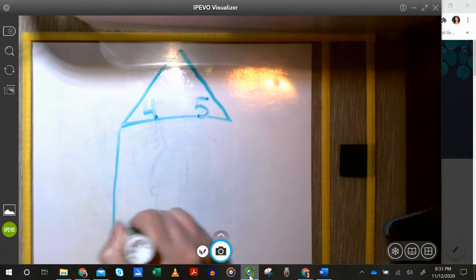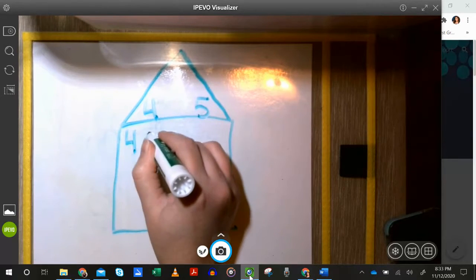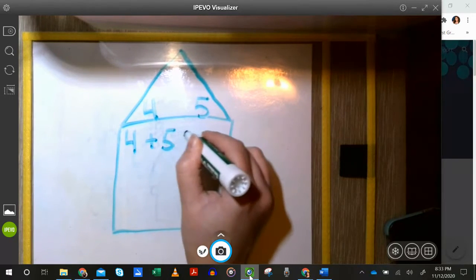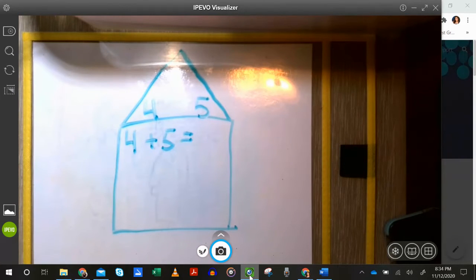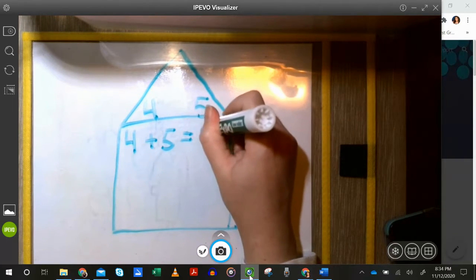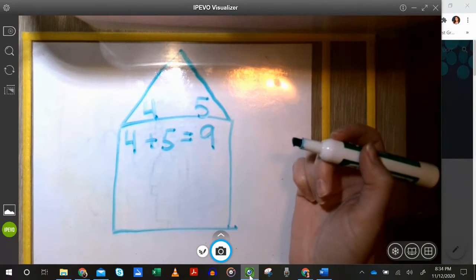Okay, and 4 and 5 come together and make what? They make 9.